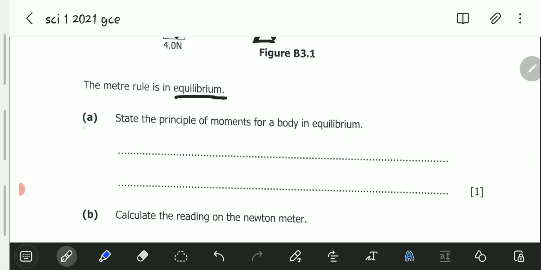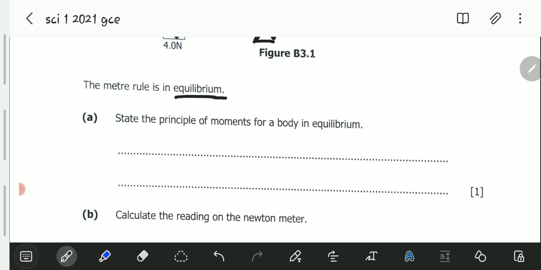So let's start with A. A: state the principle of moments for a body in equilibrium. What the principle of moments states is that for a body in equilibrium, the sum of clockwise moments is equal to the sum of anticlockwise moments.